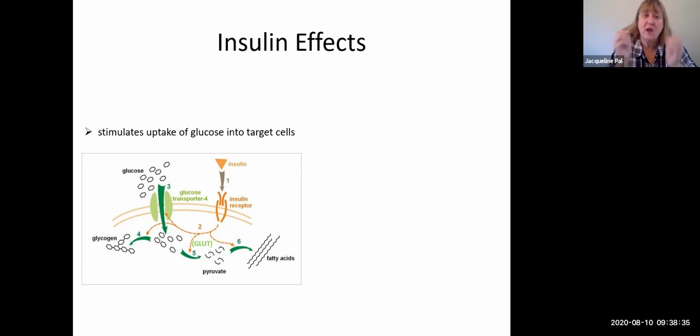In other words, this channel will open up when insulin is attached to that cell. So insulin attaches to the cell, the glucose transporter channel opens up, and glucose that is in the blood can then go into that cell.